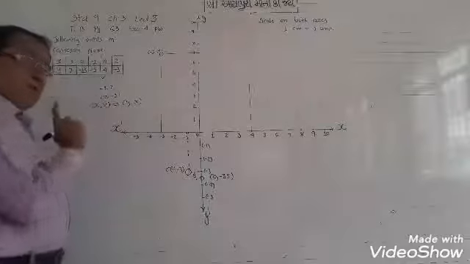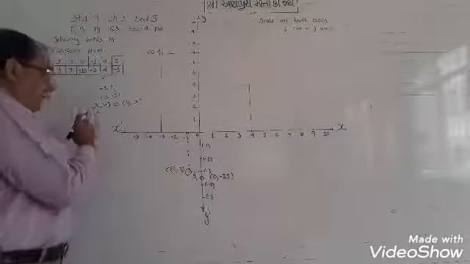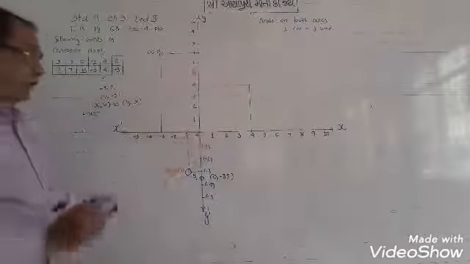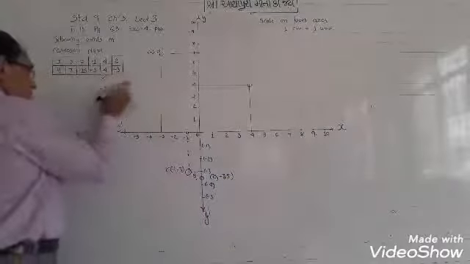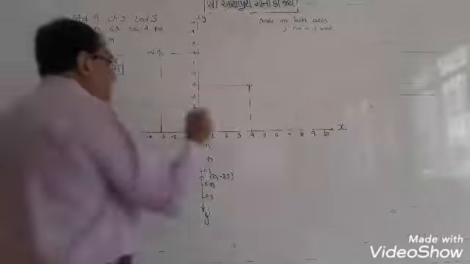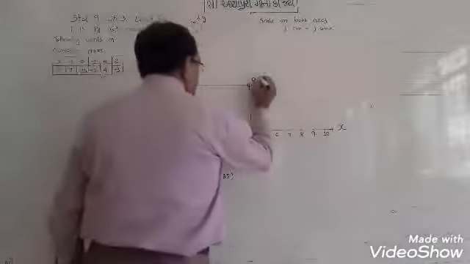It is possible only when x is equal to y. Okay, here 4 and 4. So A, B, C, D, I will give this D, 4, 4.